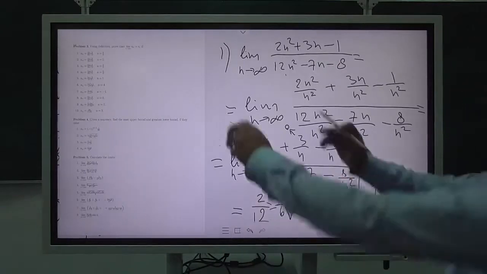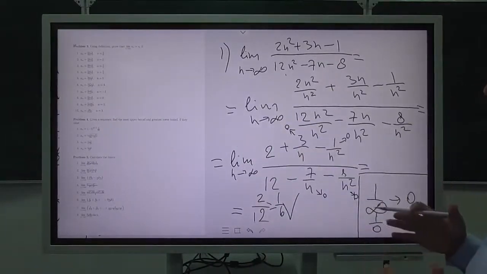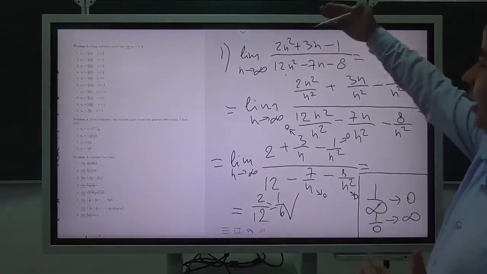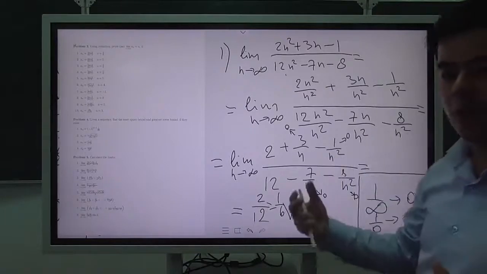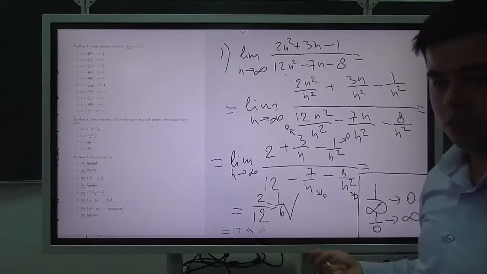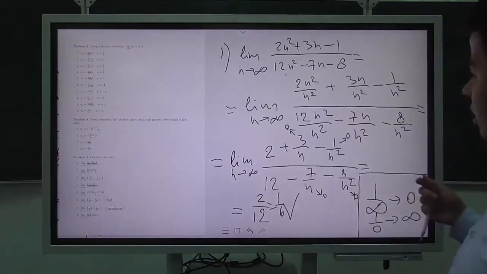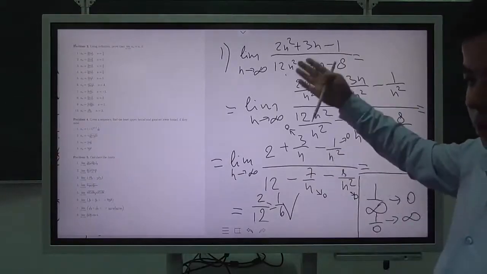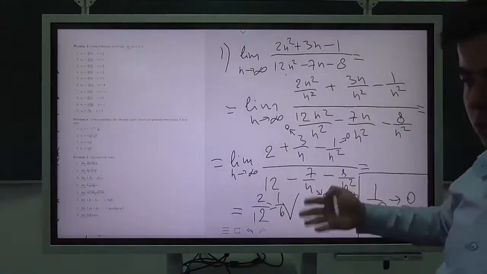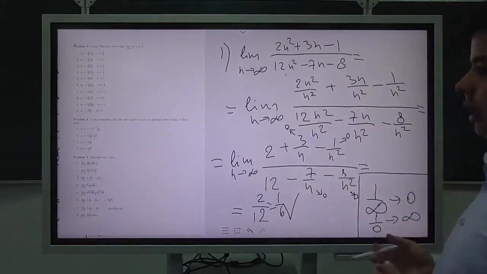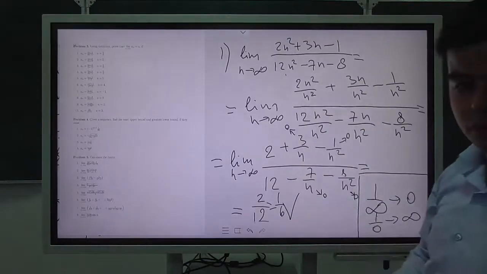And one more thing here. If in the denominator and in the numerator the greatest powers are equal, it means the limit of such kind of fractions equals the ratio of the coefficients of the greatest powers.